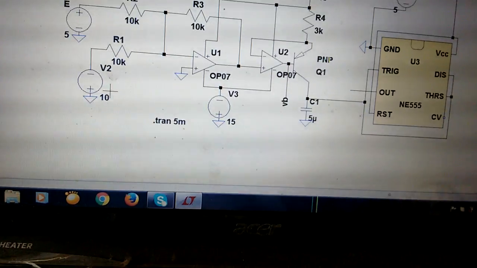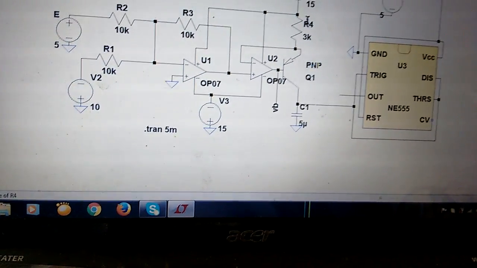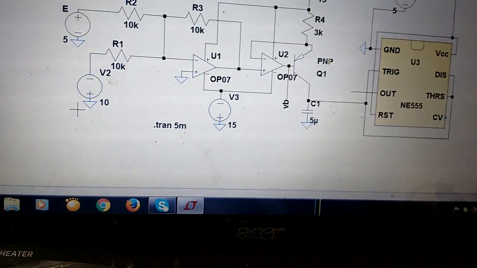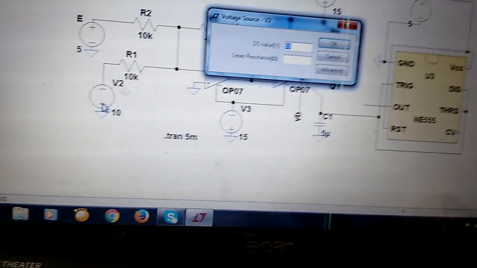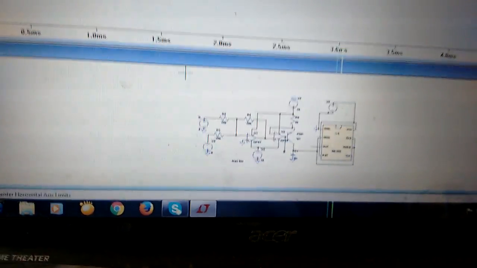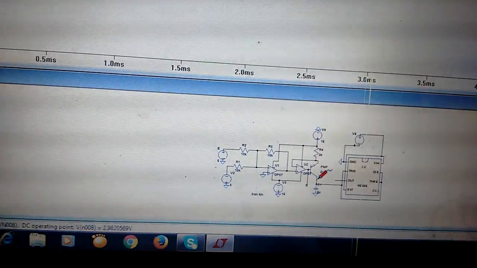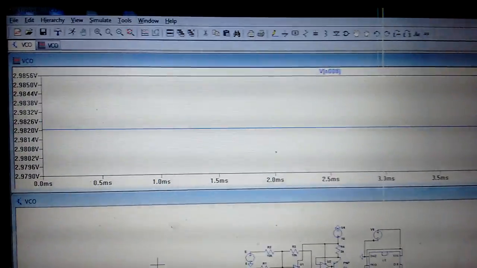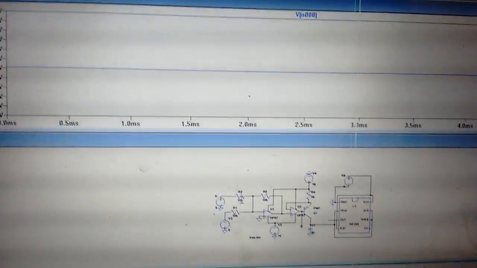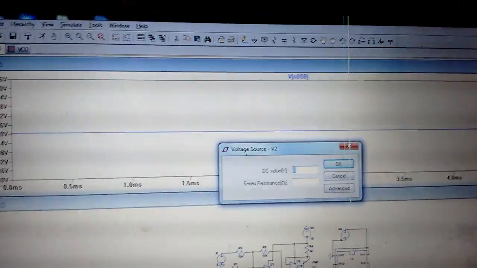Now what about this 10 volt? It is designed for this current actually. If you change this voltage to 8 volts and run again, if you see the capacitor voltage, it is simply constant, so it will not generate any triangular waveform.